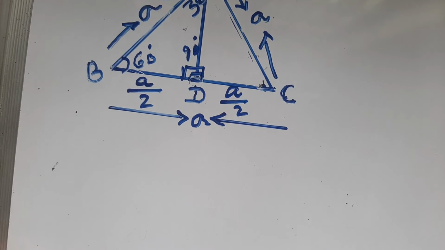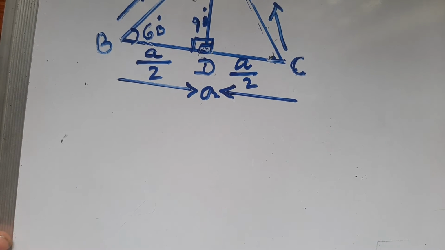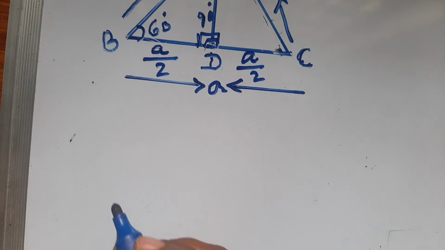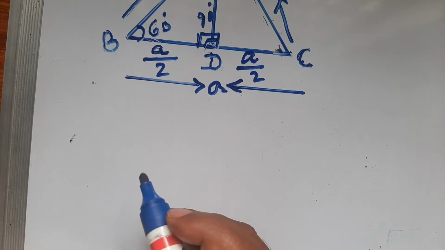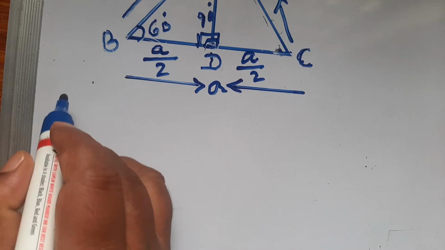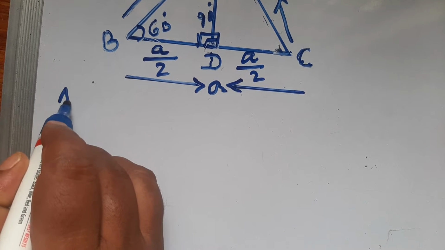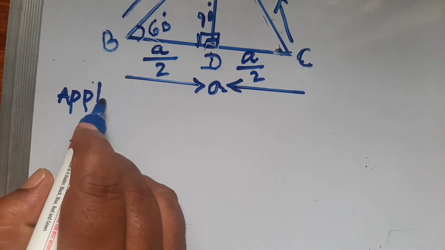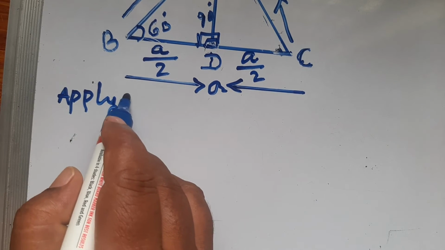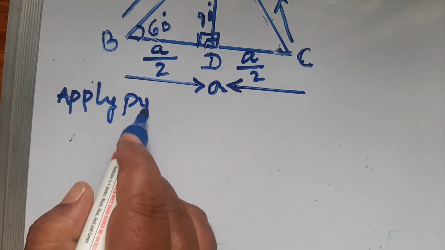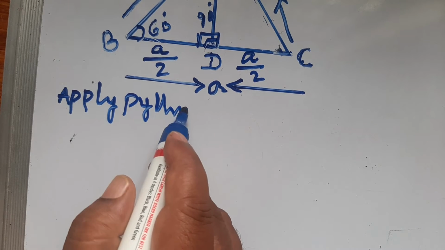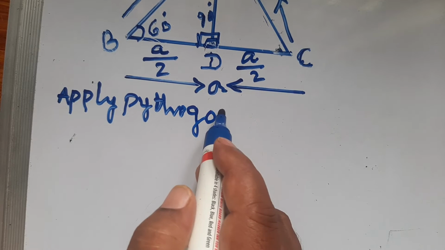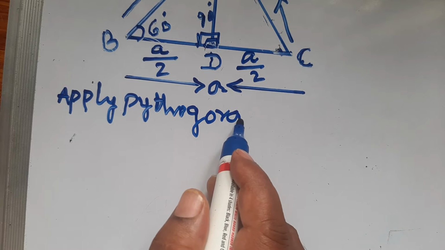Now let us see how to find that side. This is clear about the diagram. Now we have to apply what? Apply Pythagoras theorem. Pythagoras theorem is very important.